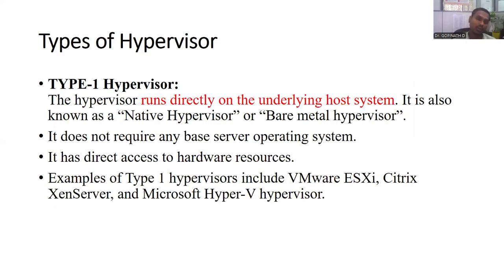Two types of hypervisors are there. One is type 1 hypervisor and the other is type 2 hypervisor. Type 1 hypervisor runs directly on the host system. Otherwise, it is called a native hypervisor. It does not require any base operating system. It will directly access the hardware.